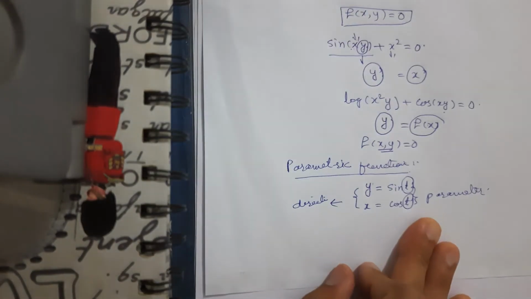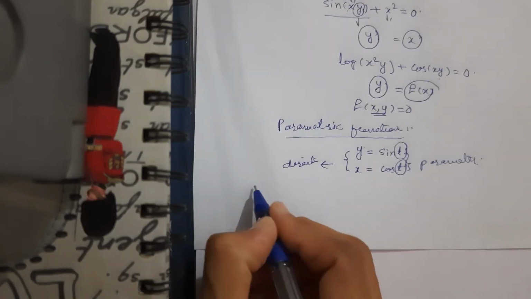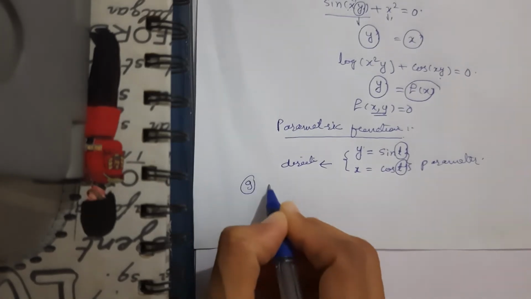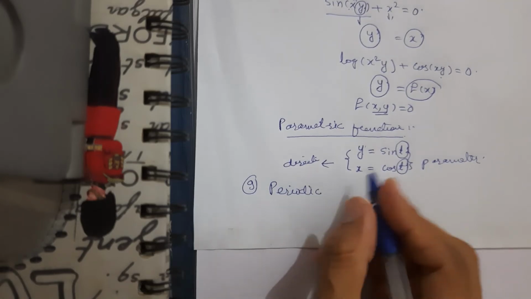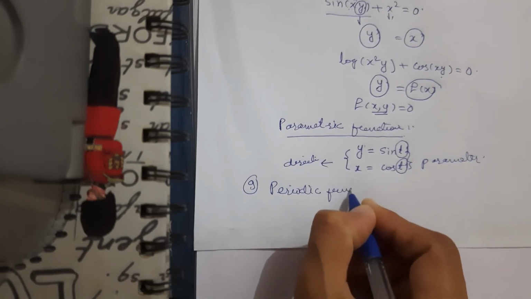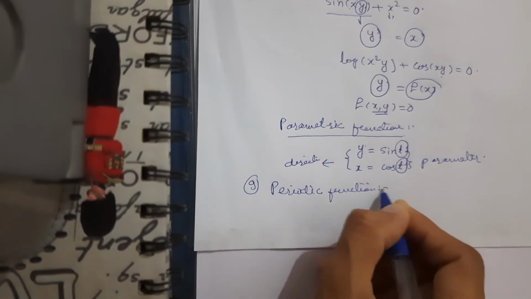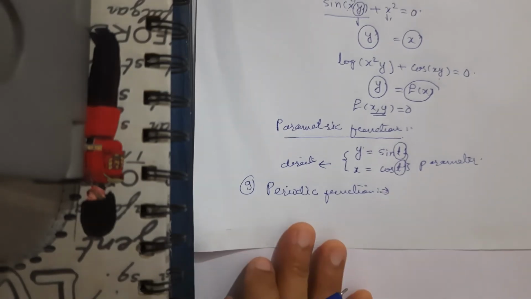Next is periodic function. You already know that if a value is repeated after a certain time, then this is called a periodic value or periodic function. For example, revolution of the earth around the sun is a periodic one. That's why we get day and night.